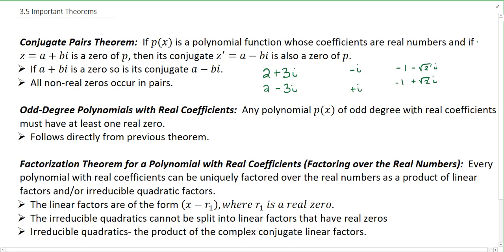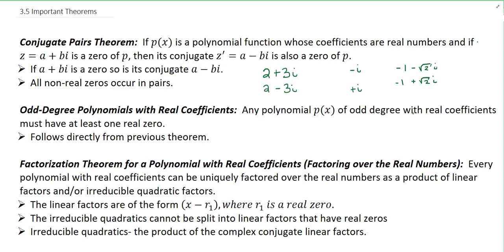Okay, the next theorem is the odd degree polynomials with real coefficients theorem. And it says any polynomial of odd degree with real coefficients must have at least one real zero. And this should follow from the prior theorem if you think about it. So if you're odd degree, that means there's one zero that doesn't pair up.